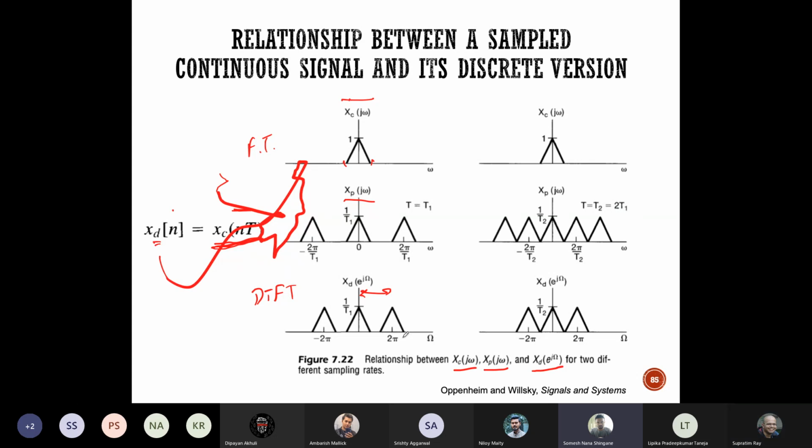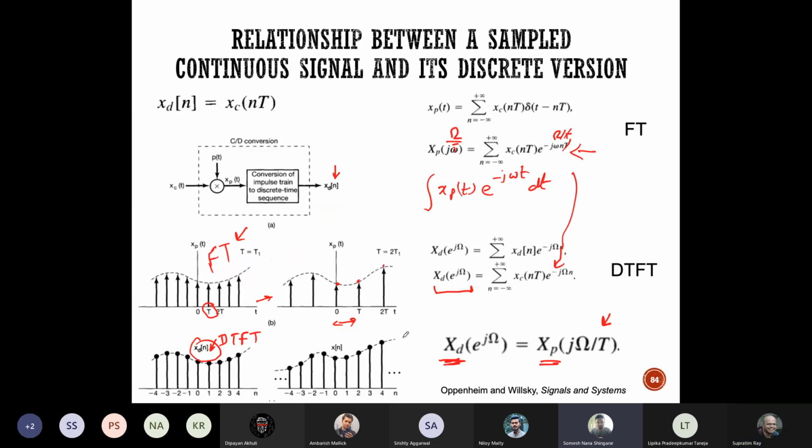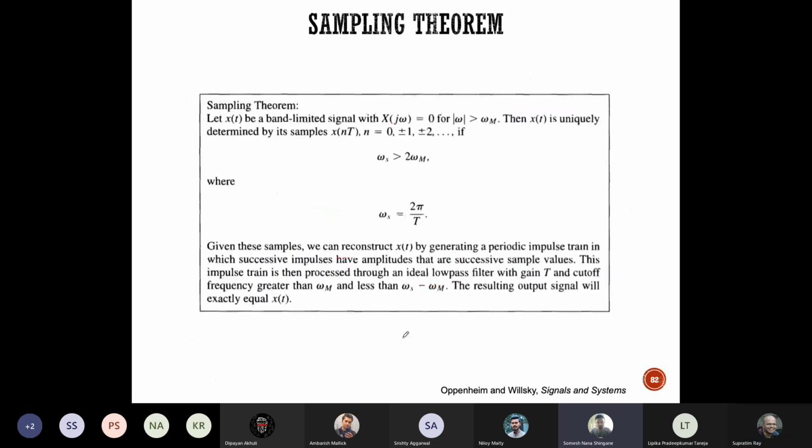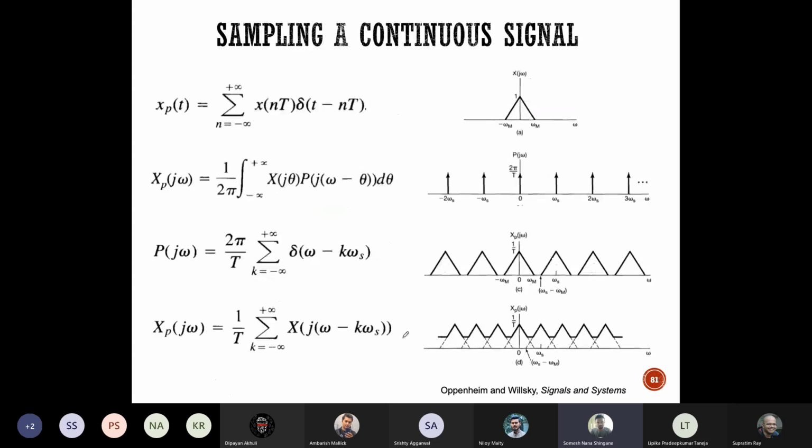So what I'm thinking is that in the first one you have a continuous signal, and we sample it. No, here, in the slide itself.